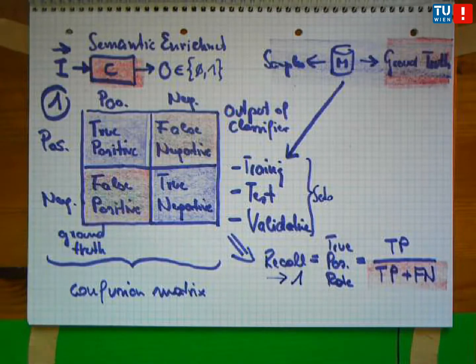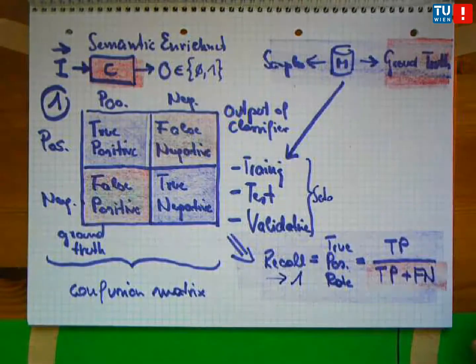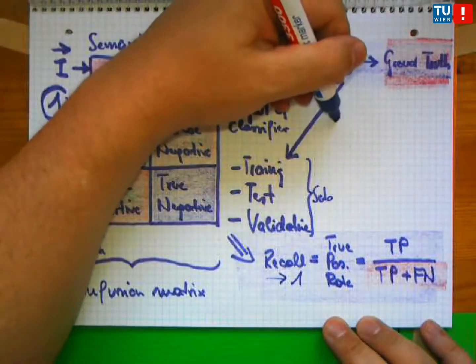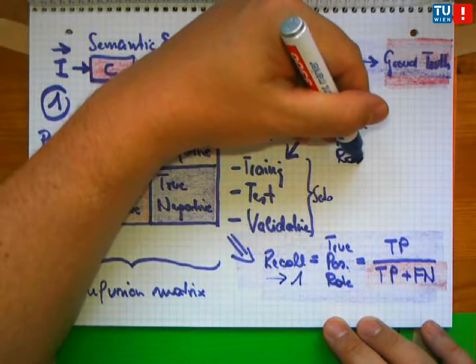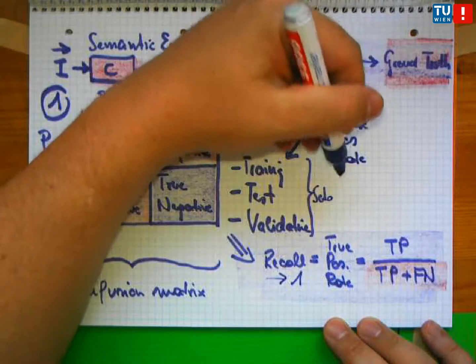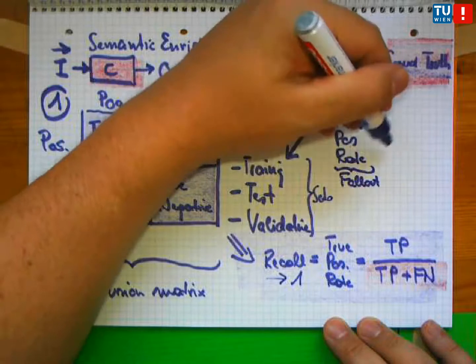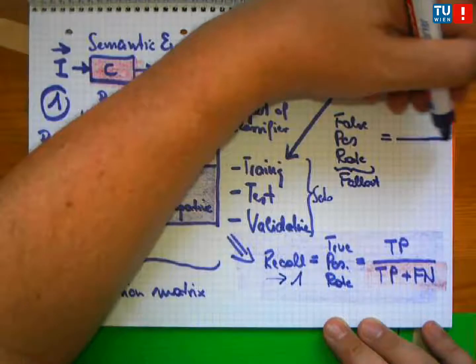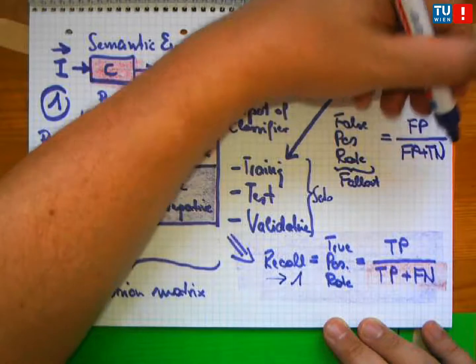The recall is certainly the most relevant measure, because after all, what you want from such a system is to recognize what is relevant. A second measure is the false positives rate, or the fallout, which is defined as the false positives divided by the false positives plus the true negatives.